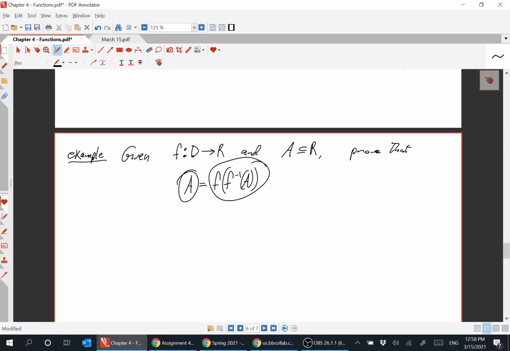So how do we prove that two sets are equal in general? Subsets of each other, right? So first, let's prove that A is a subset of the image of the pre-image of A. So now what's the first sentence of this proof?